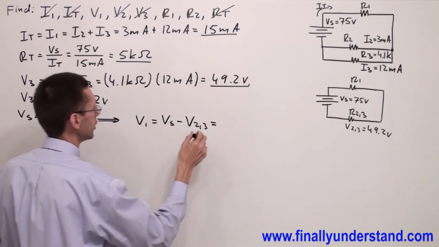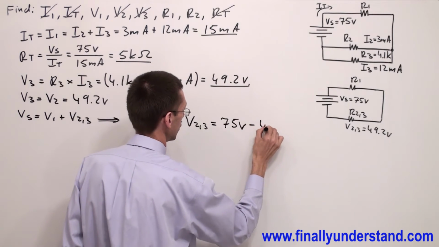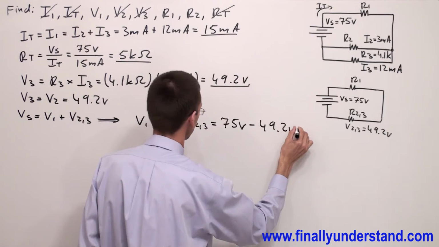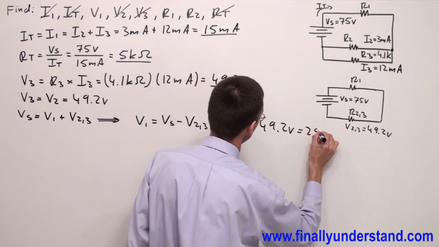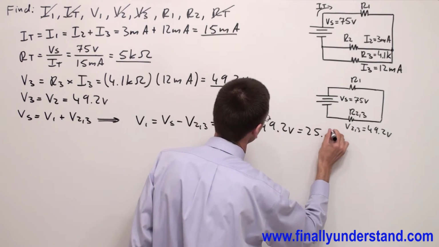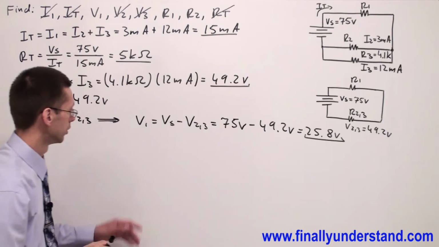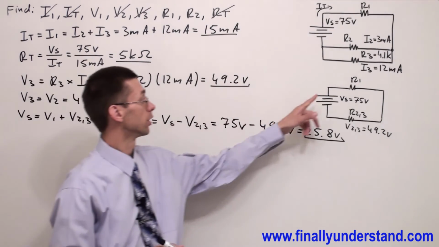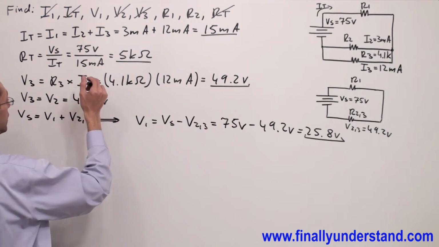Voltage source is equal to 75 volts minus 49.2 volts. This is equal to 25.8 volts. So this is my voltage across resistor R1. Okay, so this is my V1.